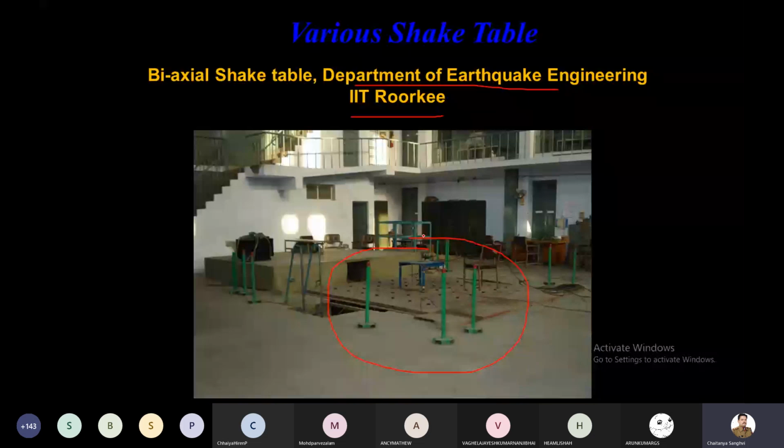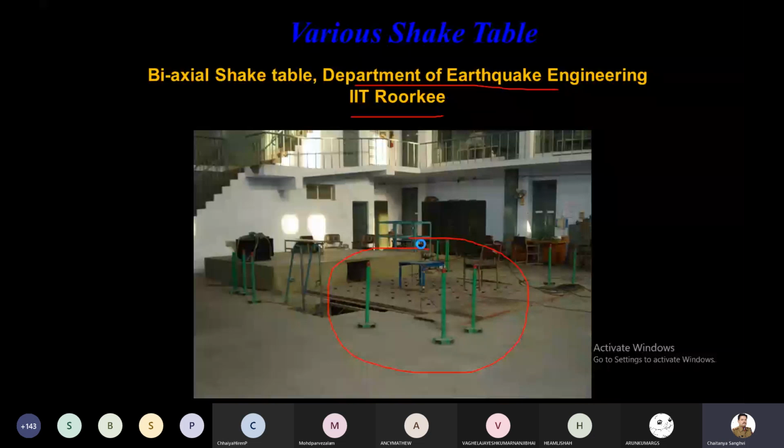We have a shake table at IIT Roorkee, at IIT Kanpur, and at SERC Chennai. Most of the IITs have a shake table, but there is a variation in the facility. At some places, a very good facility is available, like SERC and IIT Kanpur. A wonderful facility is available for testing.